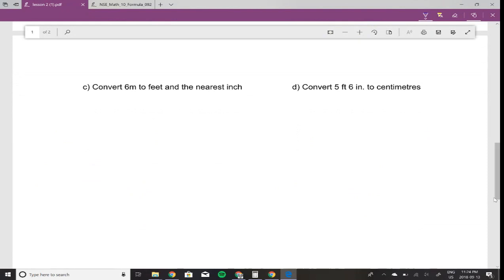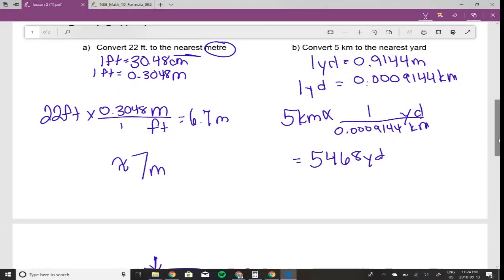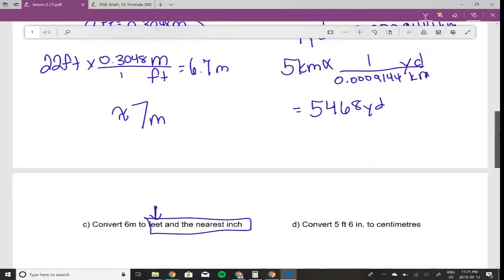Convert 6 meters to the nearest feet and the nearest inch. So if you remember back in lesson 1, I said start by converting to feet, and then we'll deal with the decimal. So if we look back at example A, we know that 1 foot is equal to 0.3048 meters. We don't have to reinvent the wheel.